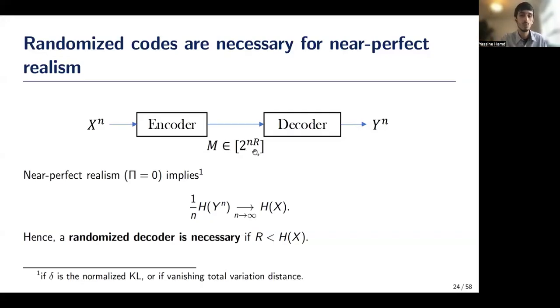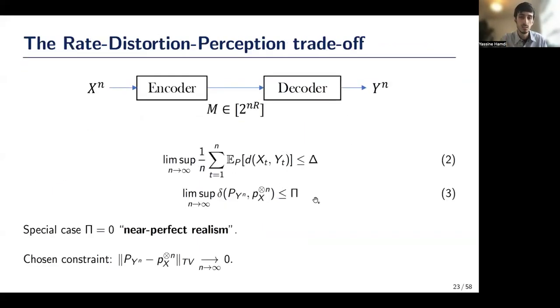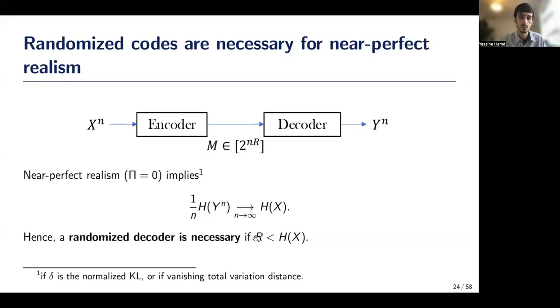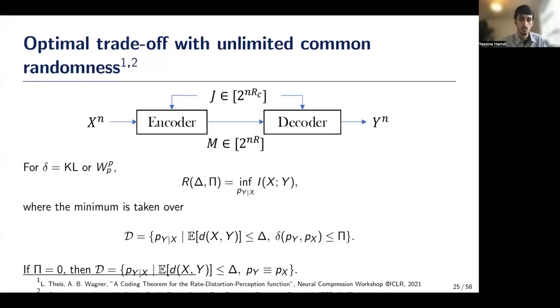So every time you open your file, you get a different output. This is something that I found very weird, but from a mathematical point of view, in this new problem, you need randomization, especially at the decoder. So yeah, this is one of the reasons I wanted to change this problem.